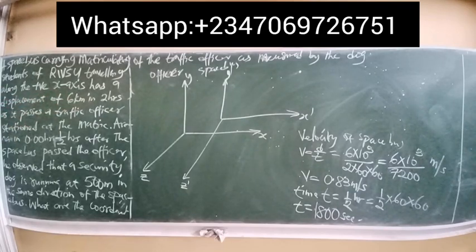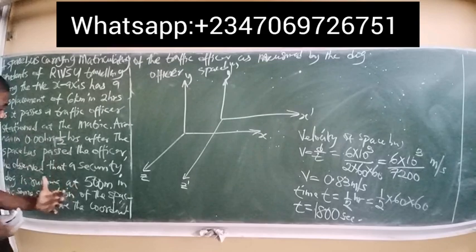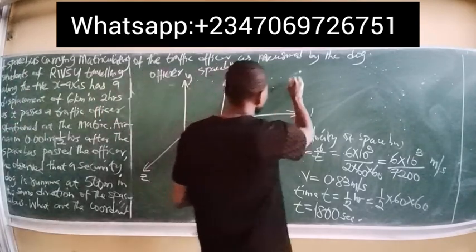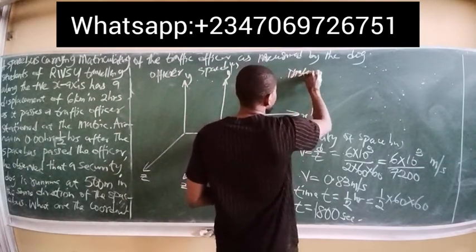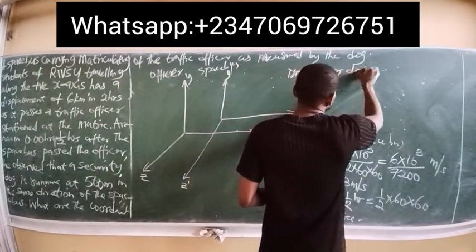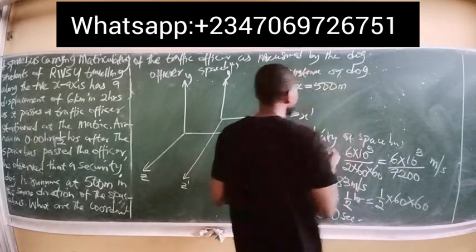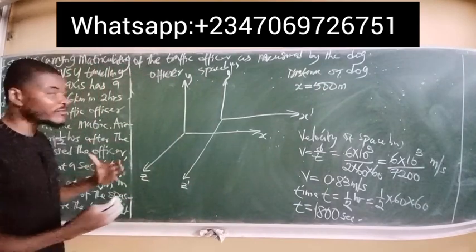The question says the space bus is traveling along the positive x direction, and half an hour later the officer observed a security dog running at 500 meters in the same direction. So the dog is also running in the x direction, and the distance of the security dog, x, is 500 meters. This is the distance at which the officer observed the dog.